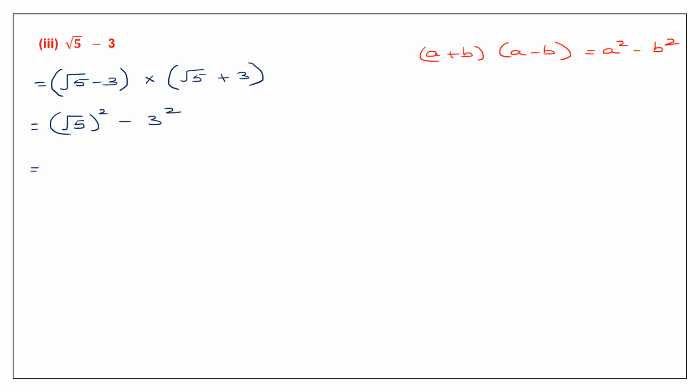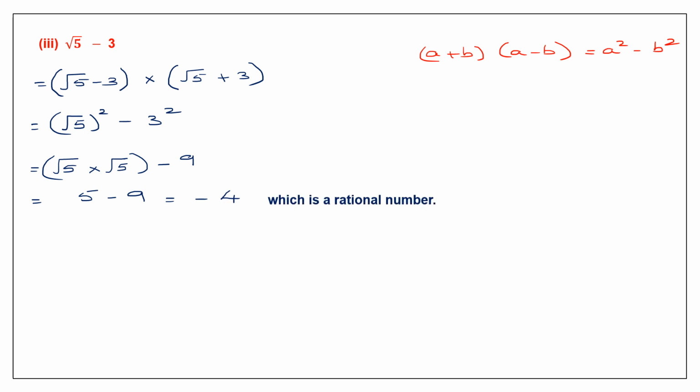Now let's work this out. So this is root 5 into root 5 minus 3 3s are 9. Now root 5 into root 5 is simply 5. 5 minus 9 is minus 4, and minus 4 is a rational number.